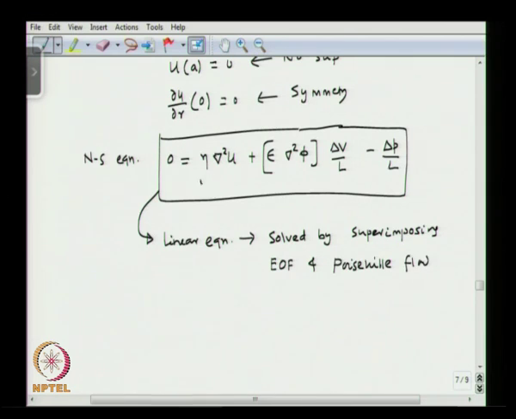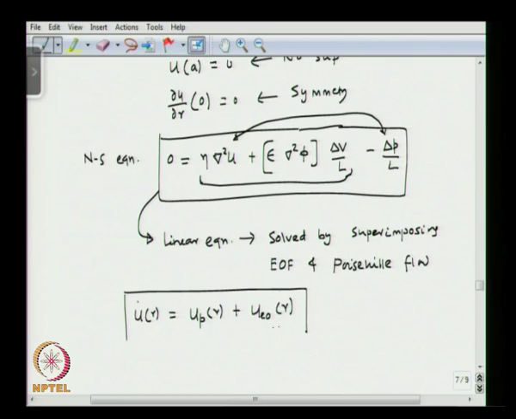So, this part is going to give you the electroosmotic flow when there is no pressure gradient. Similarly, these two are going to give you the pressure driven Poiseuille flow, okay. So, we can write the velocity u(r) to be the vector summation of the Poiseuille plus the electroosmotic, okay. So, this is what we can write because the equation is linear.